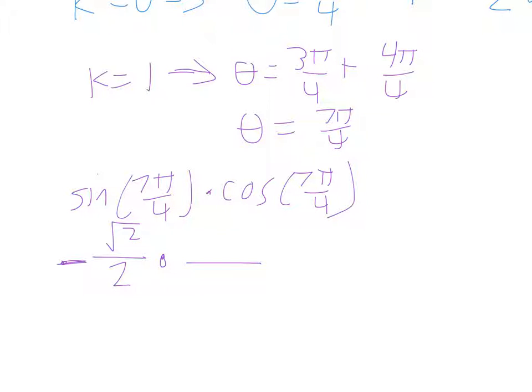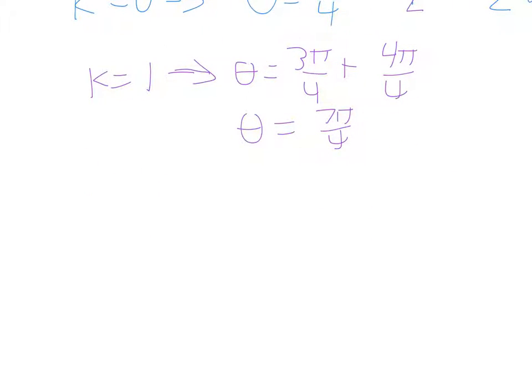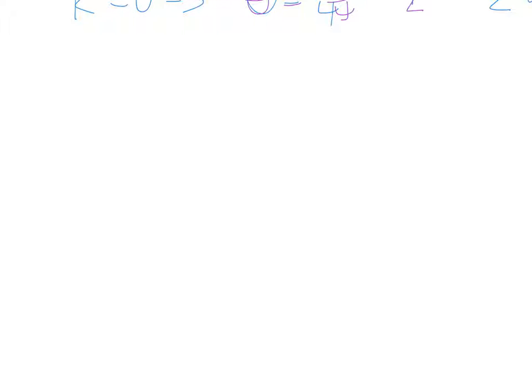Remember, cosine is positive in the fourth quadrant, so it'd be positive square root of 2 over 2. So you'd end up with negative square root of 2 times square root of 2, we said was 2, over 4, so it's negative 1/2, so that works. So, our solution set would be the set of angles 3 pi over 4 and 7 pi over 4.